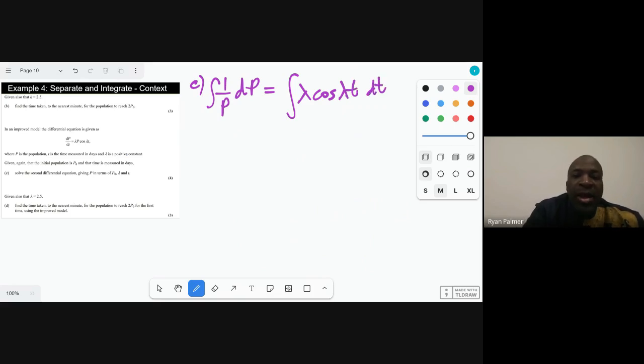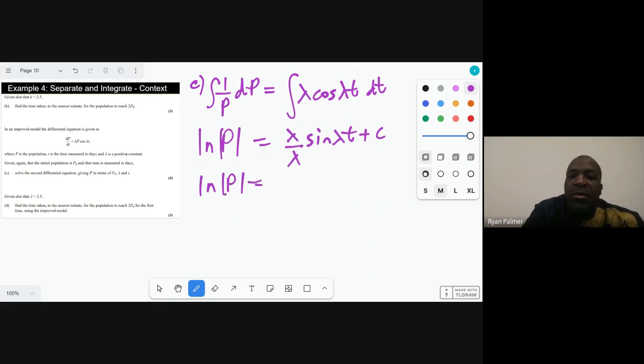And then we integrate as per usual. So we're going to have ln P is going to be equal to, when you integrate cos, you get sine, and you're going to divide by the derivative of the argument. So that will end up with lambda over lambda sine lambda T plus C. So ln P is equal to sine lambda T plus C. We're going to exponentiate both sides in order to get rid of the natural log.